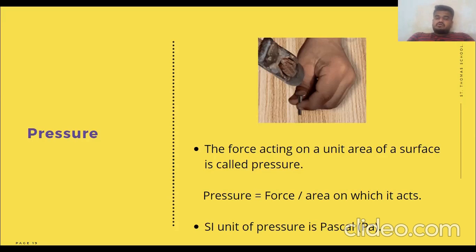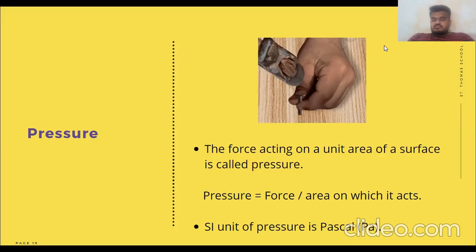Okay, so first of all let me give you an example that all of you might have observed: when we put some force on this pointed nail while we want to push it into a wooden plank, then whenever we do this, we are applying pressure on the head of this nail.